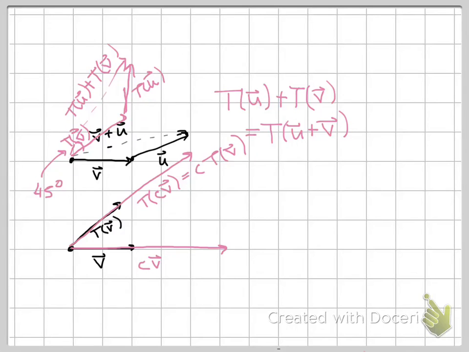If I were to extend T of v out by a factor of c, this is the vector I get. So again, the second condition is satisfied, and so T is a linear transformation. In the next section, we're going to talk about how we would actually write down a formula for this. All right.